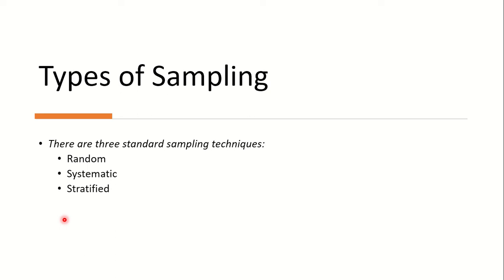So, what is sampling? Well, a sampling strategy is one of the most important things you need to think of before you go out into the field and collect your data. You need to think about how you are going to lay out your fieldwork.